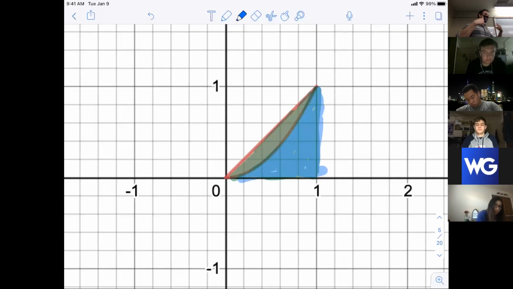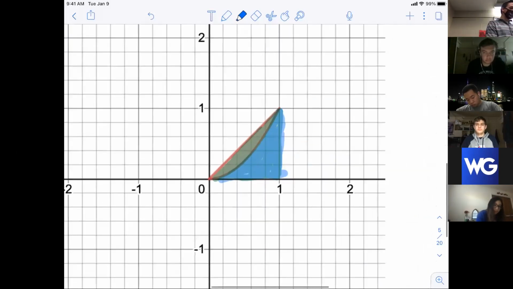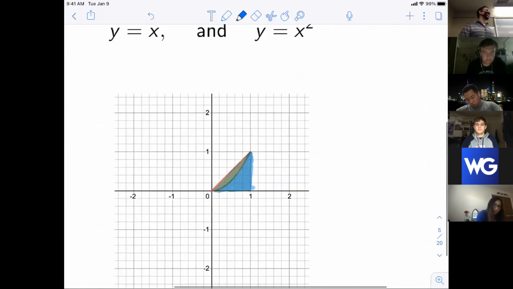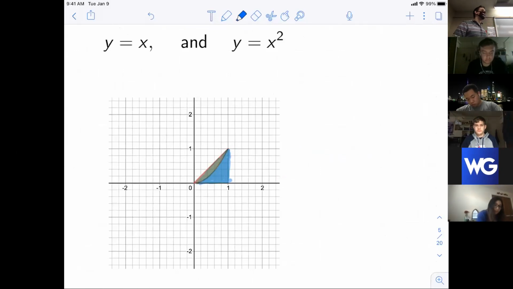So we can really jump ahead and say, if you want to find the area between two curves, one being on top of the other, in other words, if the top line is y equals f of x and the bottom line is y equals g of x, then the area between the two curves is just the integral of f of x minus g of x.